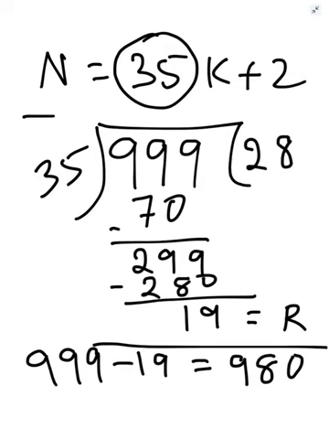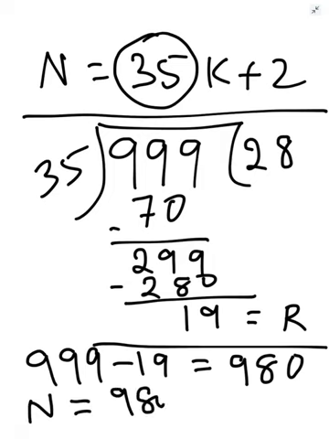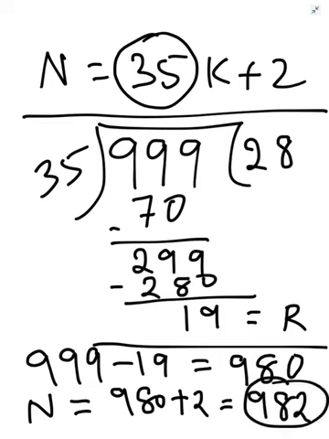But our equation is 35k plus 2. The value of n will be 980 plus 2, which is 982. So 982 is our final answer. Highest 3-digit number which when divided by 5 or 7 will give you remainder 2 in each case.